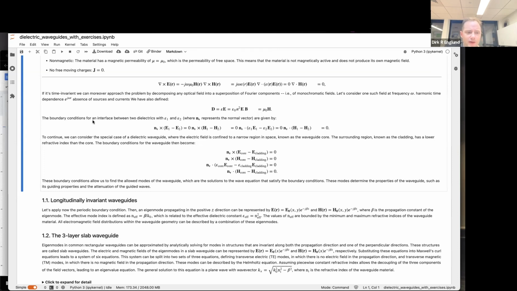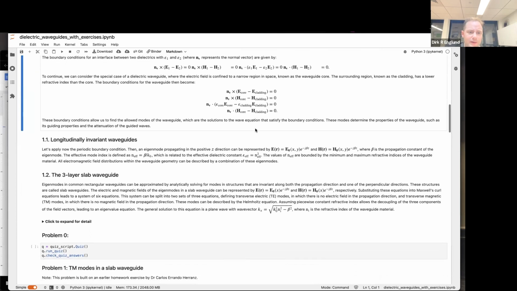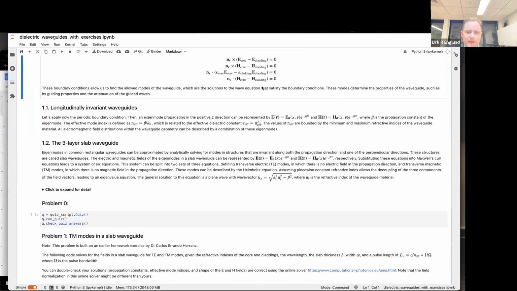All right, then we apply Maxwell's equation boundary conditions, which I'm reproducing down here, and that sets up the boundary conditions that we have on the field and on the dielectric constant. So now we can look at a simple case of this problem, namely longitudinally invariant waveguides, and that is the case because we're considering a periodic boundary condition.